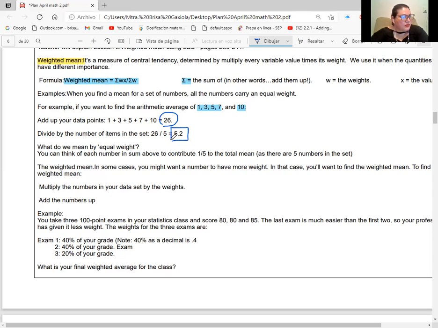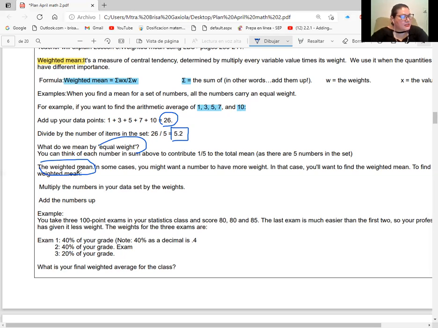So when we divide 26 by 5, we get the average. And notice here that we're talking about giving an equal weight to each of the numbers. This means that each of the elements here contributes 1/5 to the total mean, because we know that there are 5 elements in my set. This is the normal average or the normal mean. But now we're talking about the weighted mean.